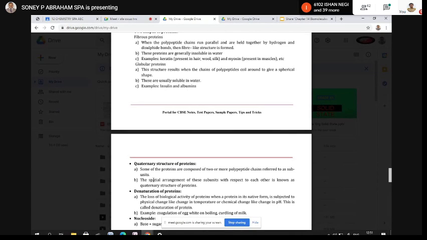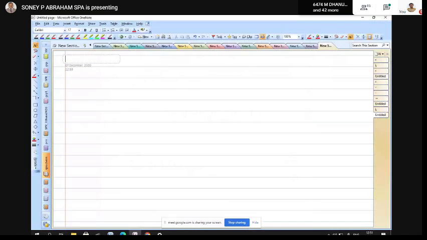Whenever a protein has a unique three-dimensional structure and performs its biological activity, we call it a native protein.